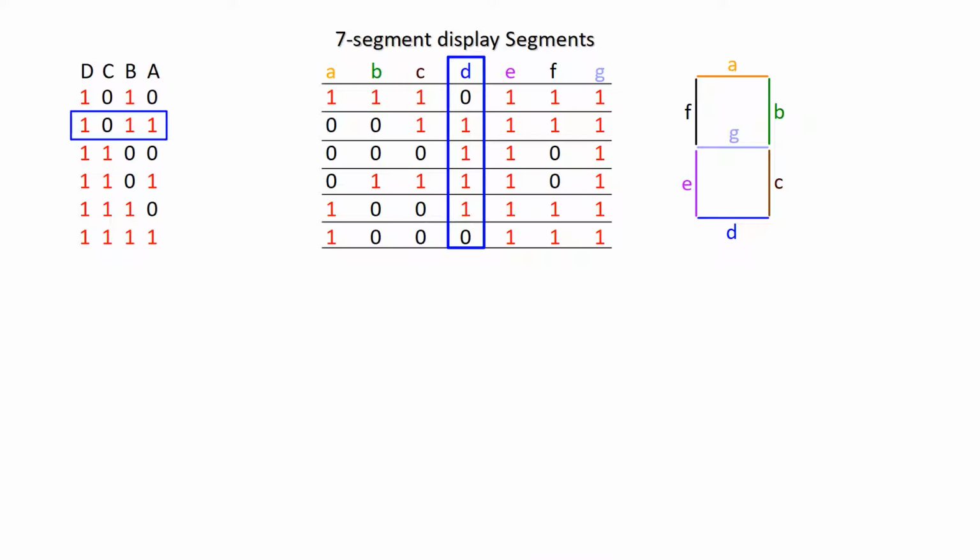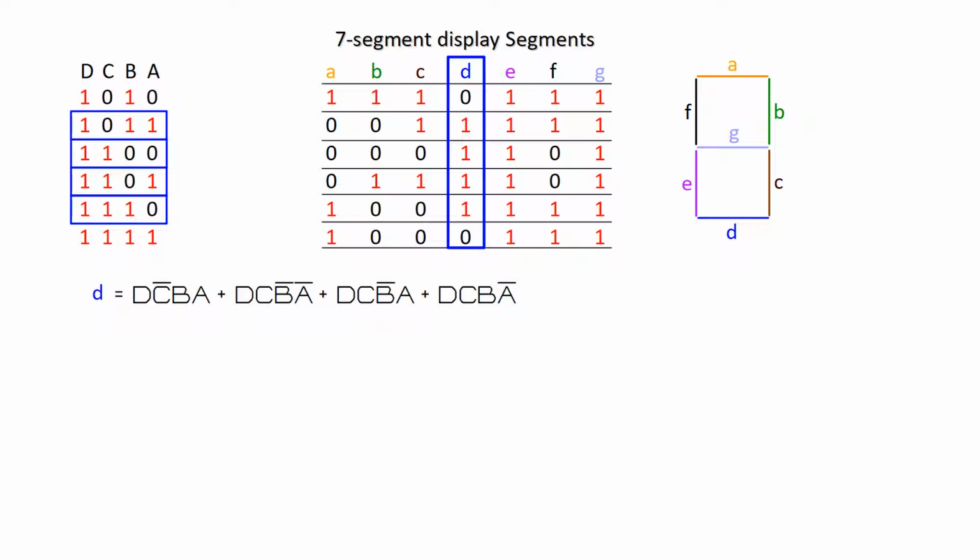Segment D, it's active for four different states. So the Boolean expressions are D not C, B A, or D, C not B, not A, or DC not B A, or DCB not A. So we're looking for similarities and differences.